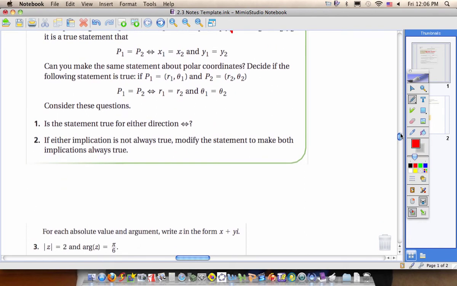We're going to look at, does the same thing hold true for polar coordinates? So if we end up at the same location, and that's what this is saying, same location, do the radius or the magnitudes and the arguments have to be the same? So you're going to look at 2 directions.